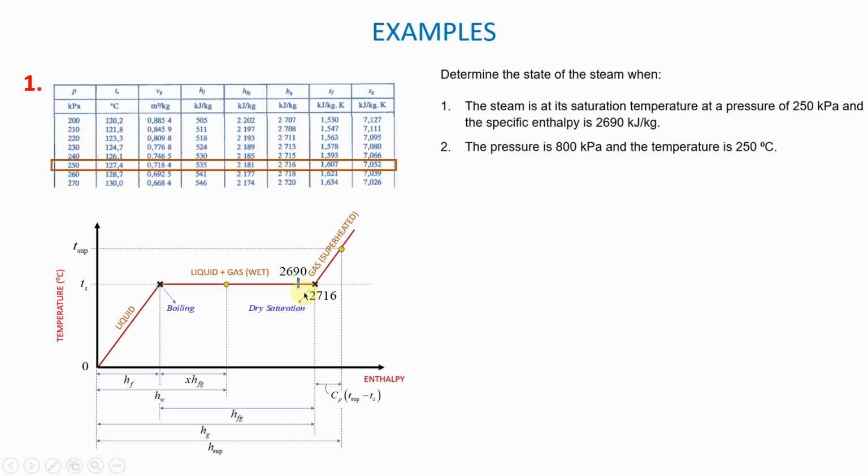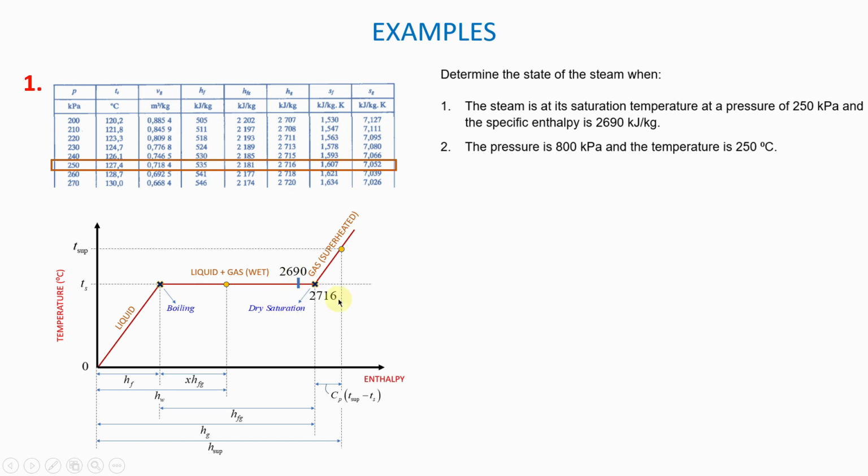So we can say that this steam is wet, because you have a pressure of 250 kilopascals, you are at saturation temperature, and your specific enthalpy is slightly smaller than the dry saturation specific enthalpy. Therefore, you are here in the wet region. So the steam is wet.